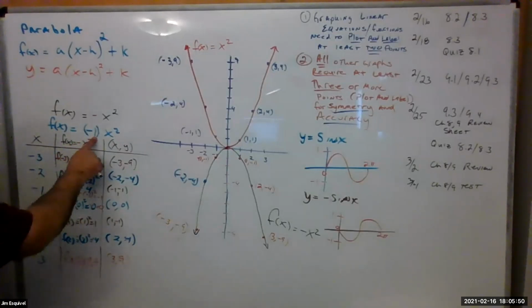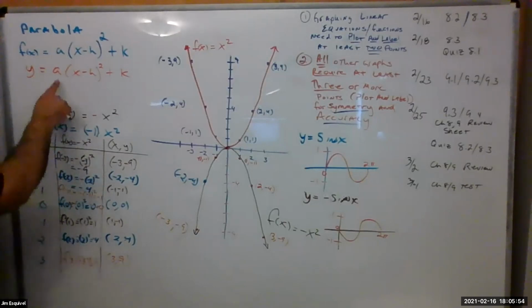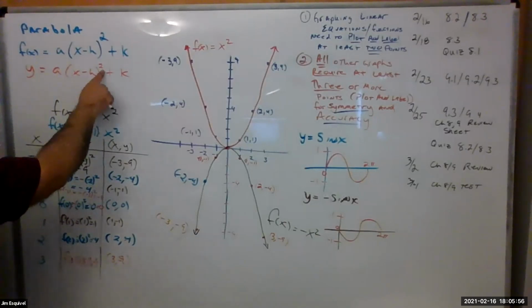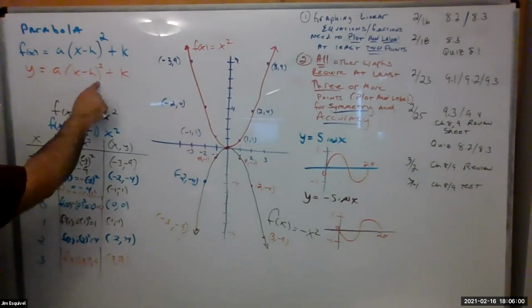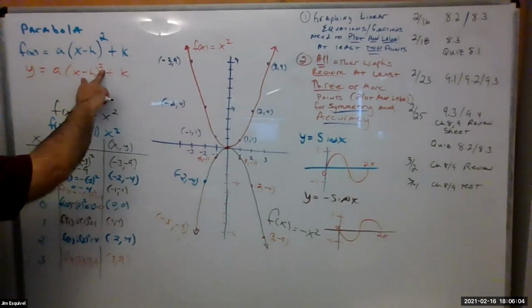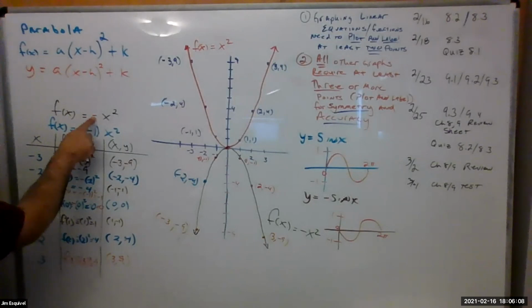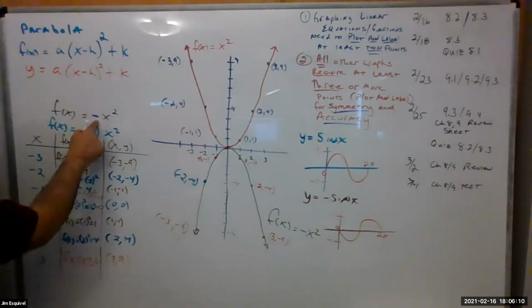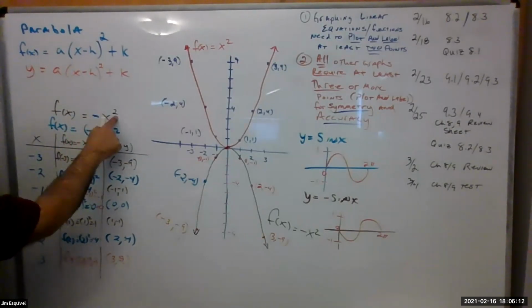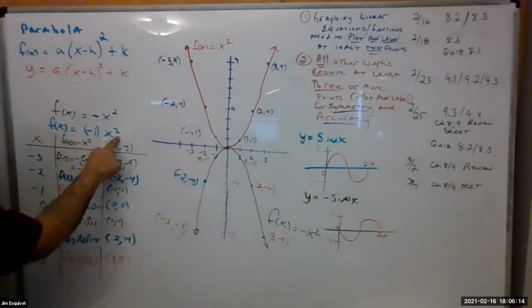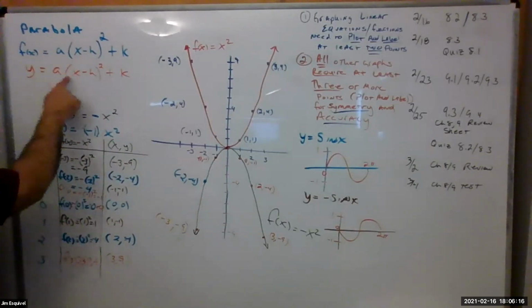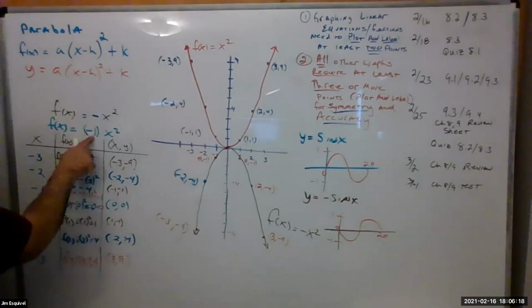This -1 right here, you see how a is in front of what's being squared? Yeah. A is in front of the x squared, or the square. This negative is right here in front of the square. It's -1 times your square. It's the a times your square.